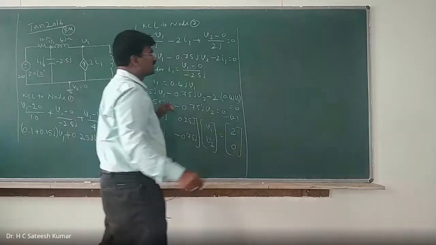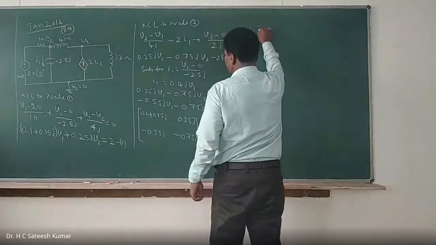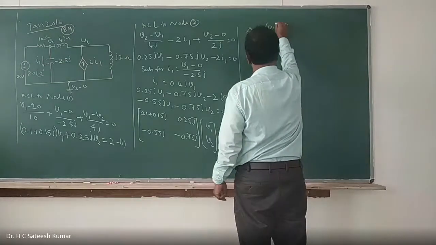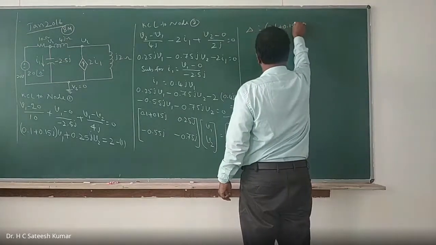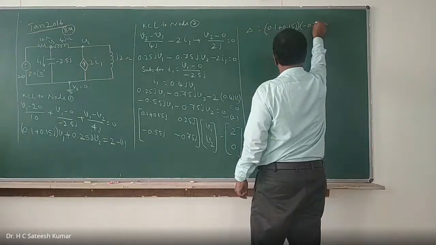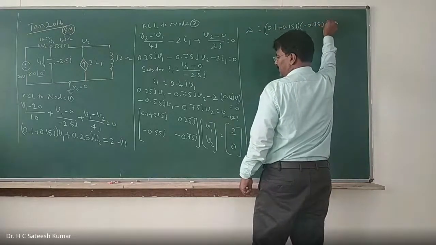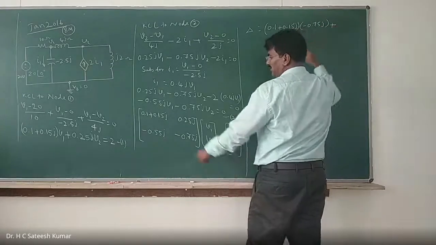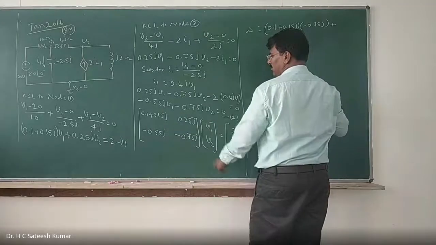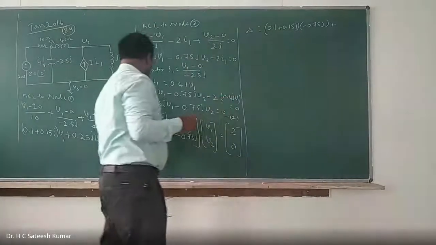Find delta first. These two you should multiply: 0.1 plus 0.15j into minus 0.75j, plus, minus of minus, the determinant minus, 0.25j into 0.55j.